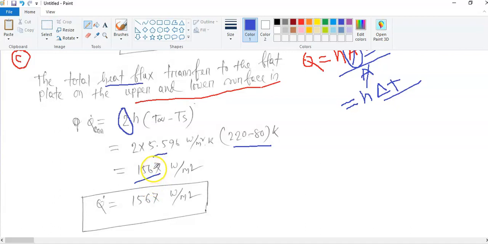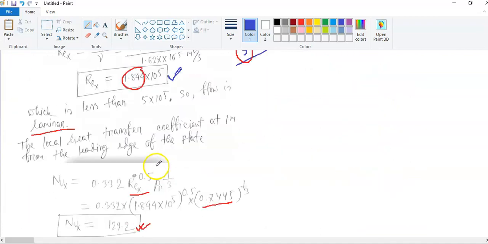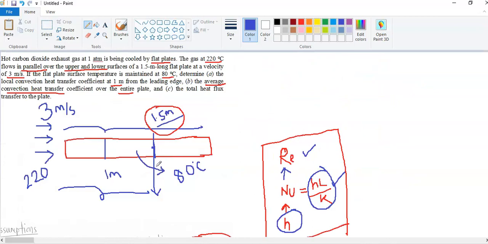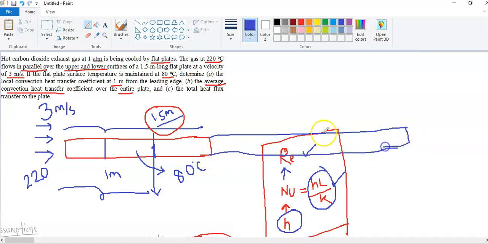Now your task is, we calculated this problem where for the entire plate the flow was laminar. If we have a plate sufficiently long to become turbulent, so let's say up to this section it is laminar, maybe this is now 5 meter long, so the flow could be turbulent here.